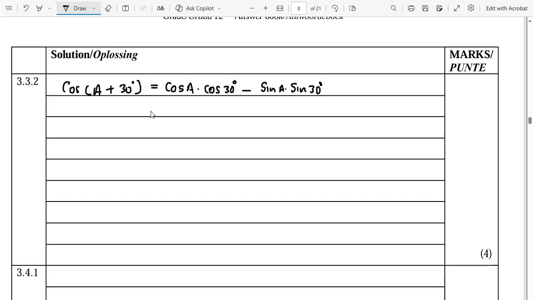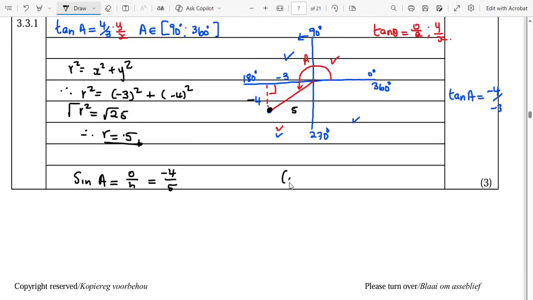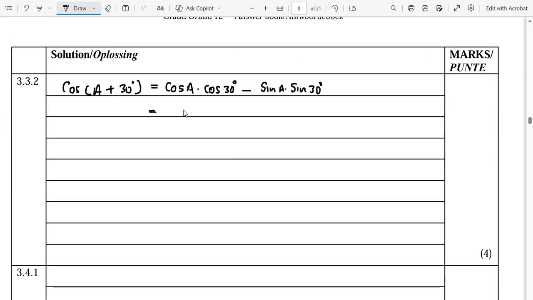So now this tells you that we need to find the cos A. Remember, cos is adjacent over hypotenuse. So adjacent is minus 3, hypotenuse is 5. So this will be minus 3 over 5. Where there's cos A, I substitute minus 3 over 5. So this will be minus 3, everything divided by 5, times the cos 30.